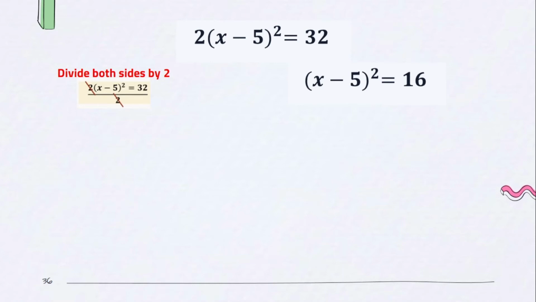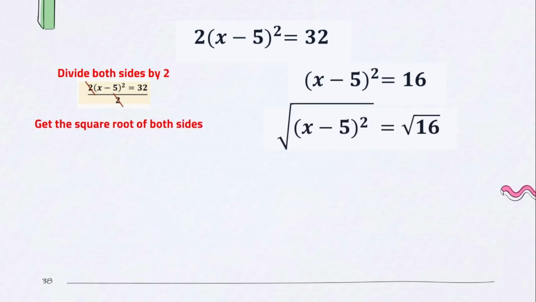Because we divided both sides by 2. So 32 divided by 2 is 16. Next, get the square root of both sides. The square root of the quantity of x minus 5 squared is equal to the square root of 16. So the square root of this is x minus 5 is equal to positive or negative 4.